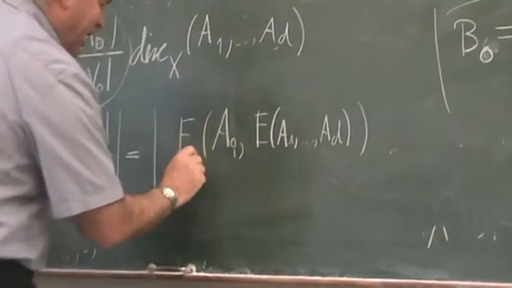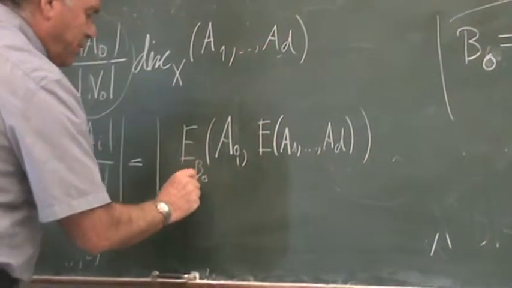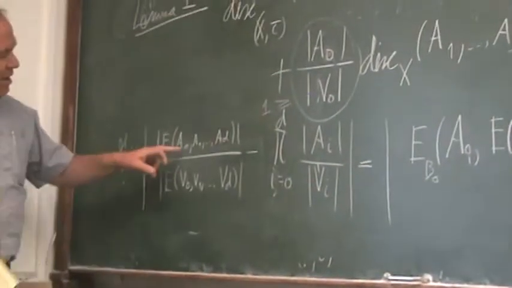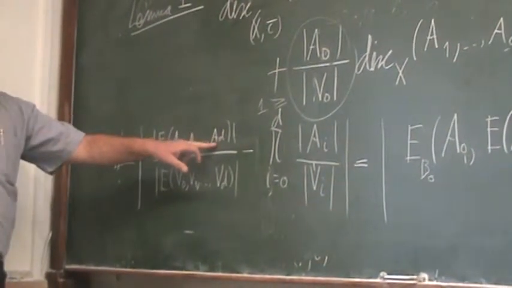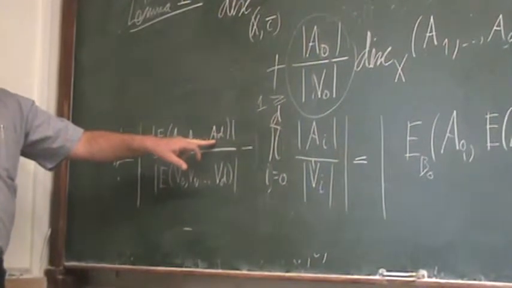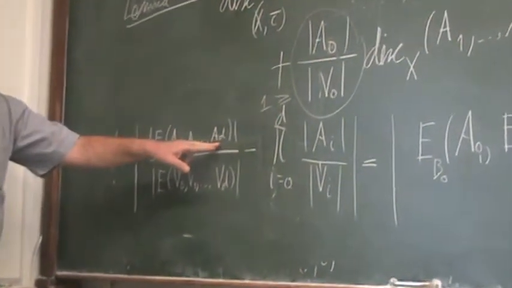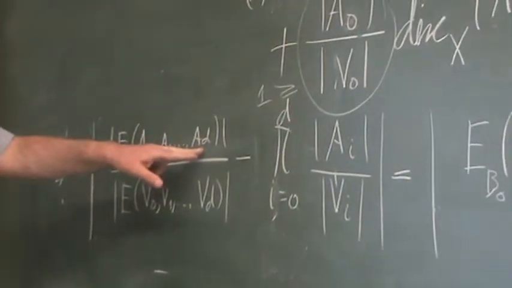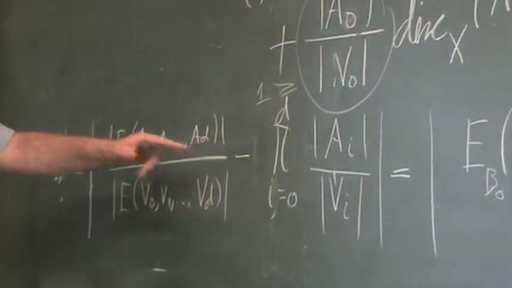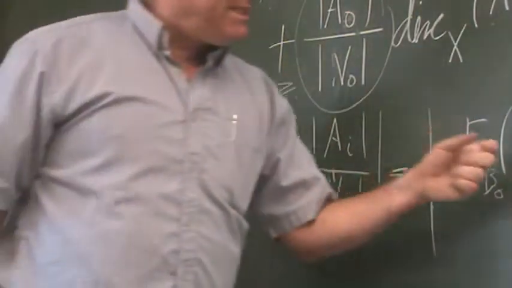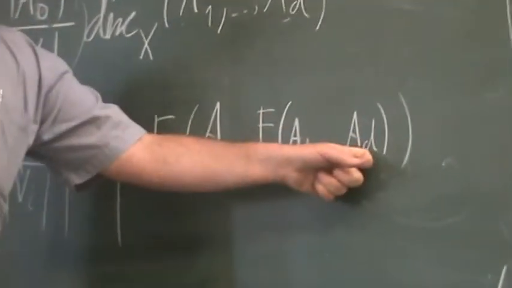Now this is edges in B0. You see, the number of chambers A0, A1 up to AD is the same as the number of edges between A0 to walls.